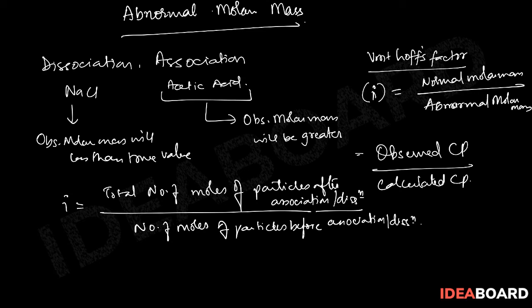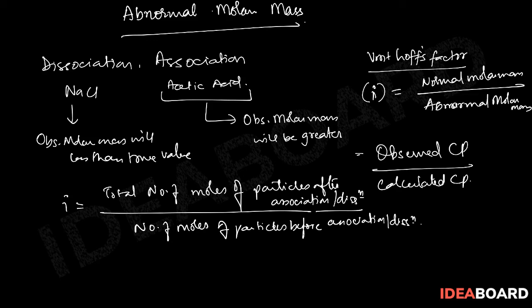So this is going to be the most useful form of the Van 't Hoff factor definition. By introducing this Van 't Hoff factor, we are able to find the actual quantity of the colligative property, or in other words, we will be able to find the actual molar mass of the compound.